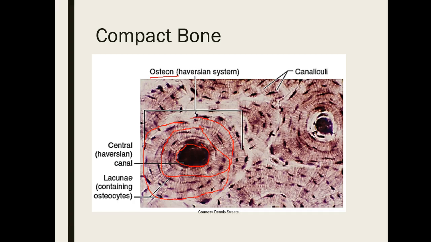We can't really see it in this picture, but deep within here, we would have transverse canals, or Volkmann canals, that connect those central canals. So they're going to run from this central canal to the central canal of the next osteon. So this is where that blood supply runs or connects all of the osteons found within the bone.